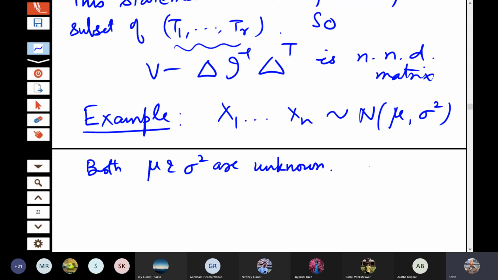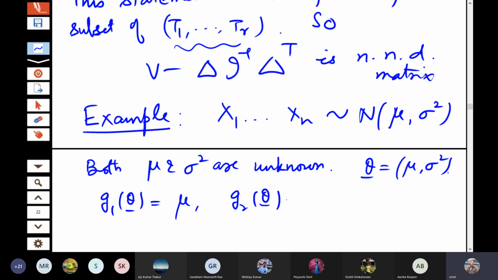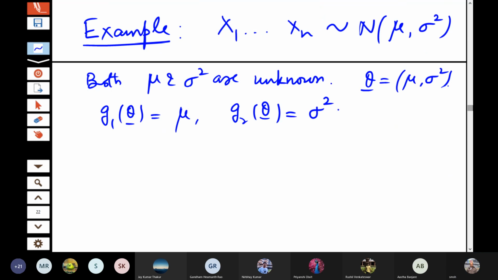So basically, what is your parameter theta? Parameter theta consists of two components here, mu and sigma square. So if I consider say function g1 theta as mu and g2 theta as sigma square, then we write for one component and then we will generalize it to the n components.